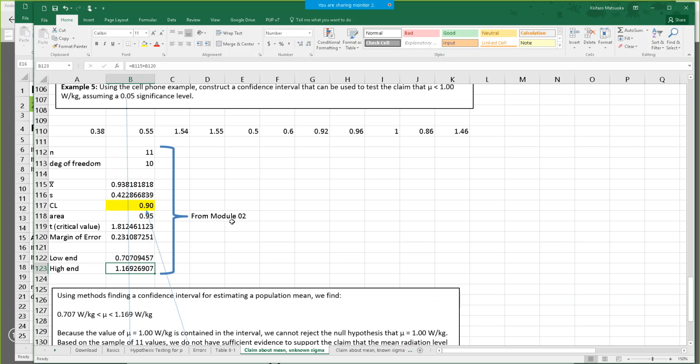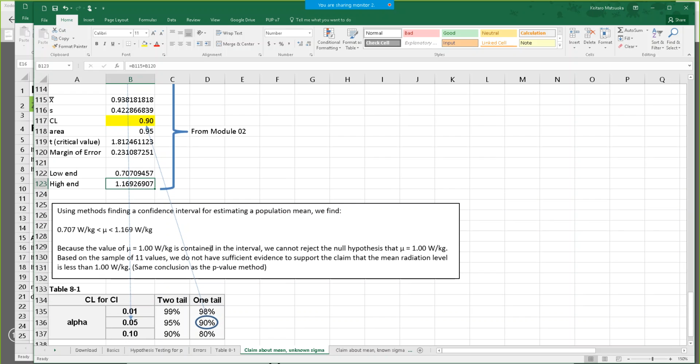So how do you use the confidence interval method? Okay, so here's how. If you use the confidence interval method, you have this confidence interval of between 0.707 to 1.169, which we saw last week. Because the value of mu of 1.00 is within this range, it's very likely that the true value of mu is within this range.